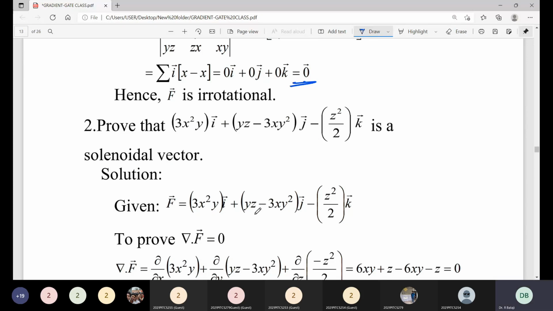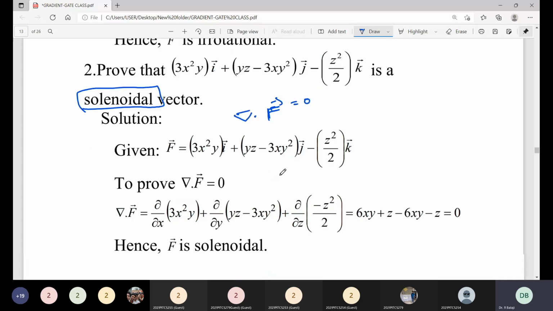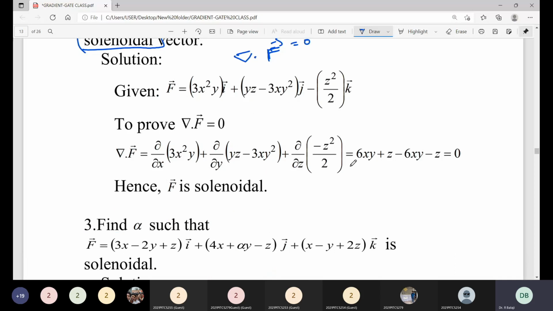Given F vector is equal to this. Solenoidal means we are supposed to prove del dot F is equal to 0. Dot product. Now del dot F is equal to 6xy plus z minus 6xy minus z. So the negative and positive terms get cancelled and we will get 0. Therefore, F is solenoidal.